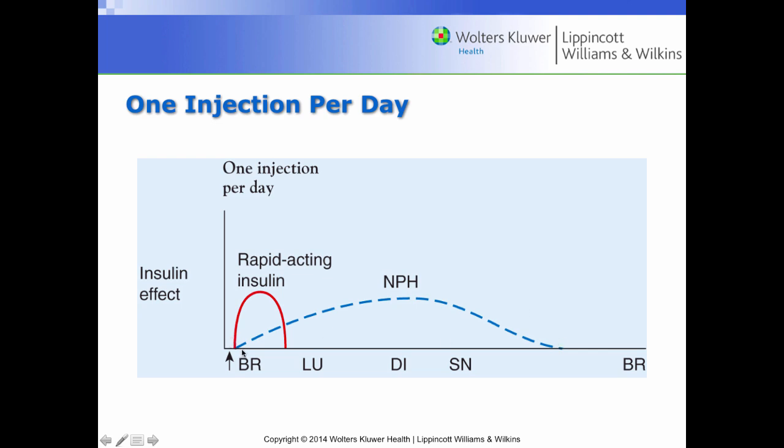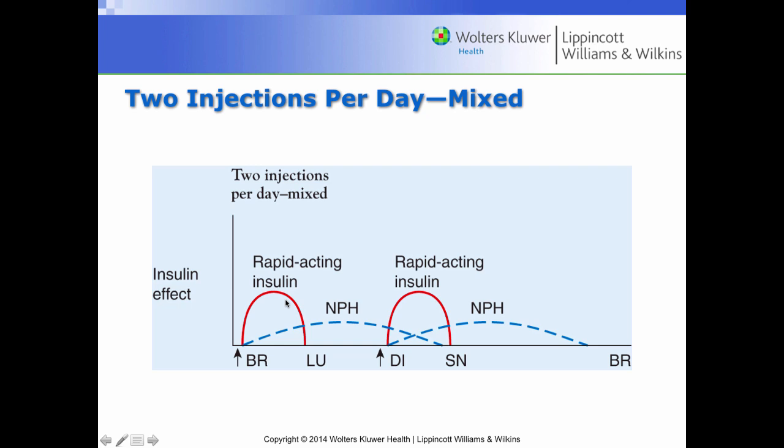So the blue dotted line, the person takes one injection that contains a certain amount of both, and the NPH, or the long-acting, is going to sustain them with some coverage throughout the day, and the rapid-acting is going to give them a boost right at breakfast. Okay? So this is a one injection per day kind of protocol.